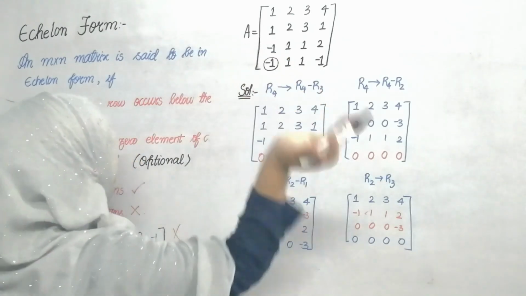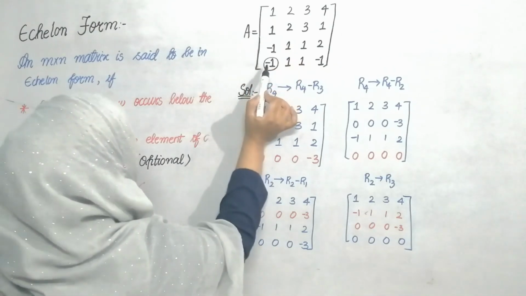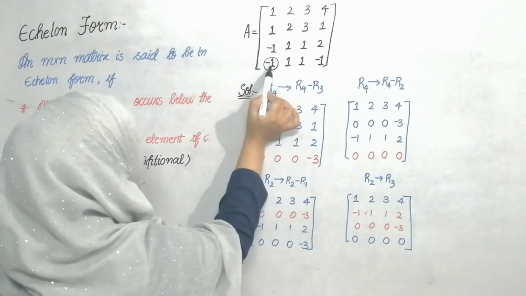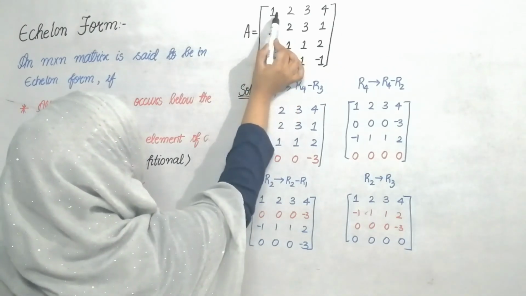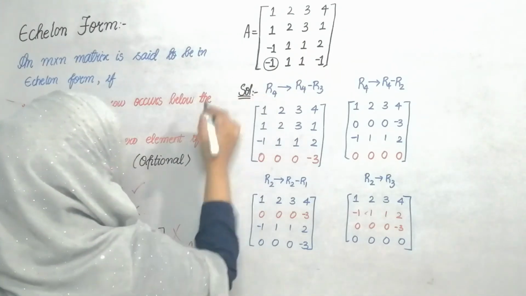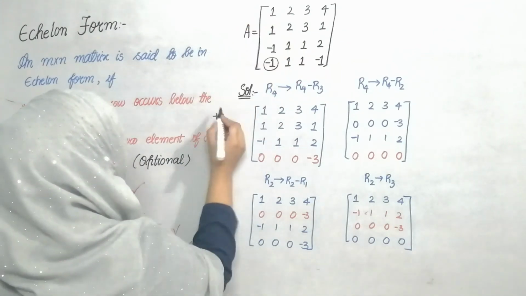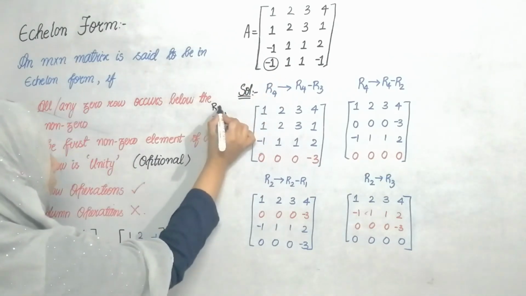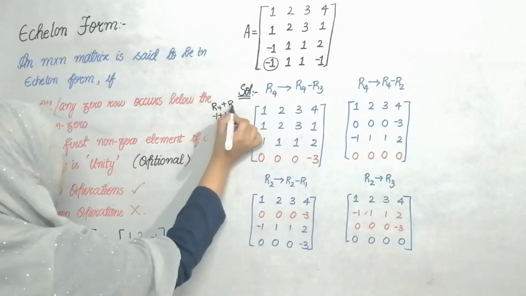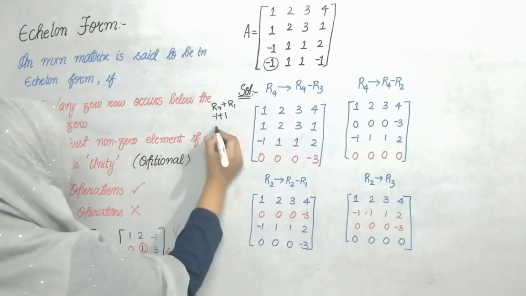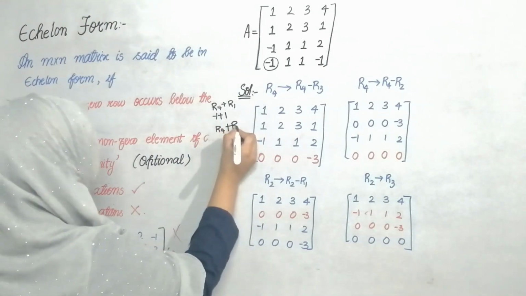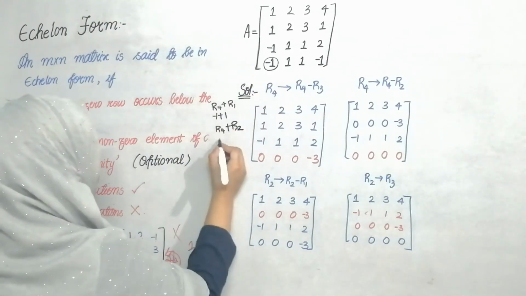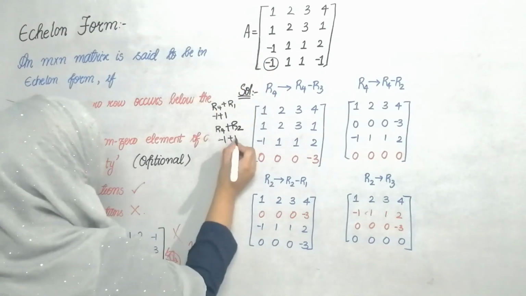I can do it multiple ways. I can either add this element with this element, minus 1 plus 1. This will be R4 plus R1. I can do it. Or R4 plus R2. So R4 is minus 1 plus 1.